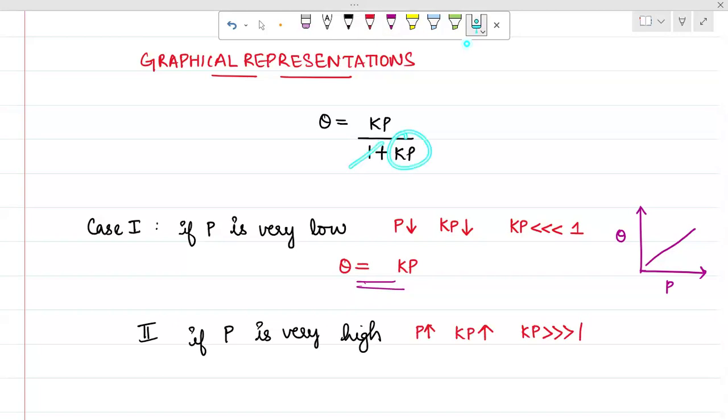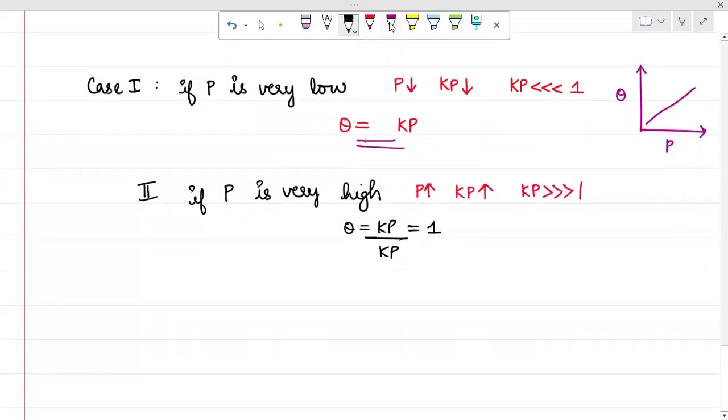So you neglect 1. What do you get? Theta is equal to Kp by Kp, which is equal to 1. See, you're getting 1. So now if you plot theta versus P at very high pressures, theta is equal to 1. So this value over here is 1. It's a constant.